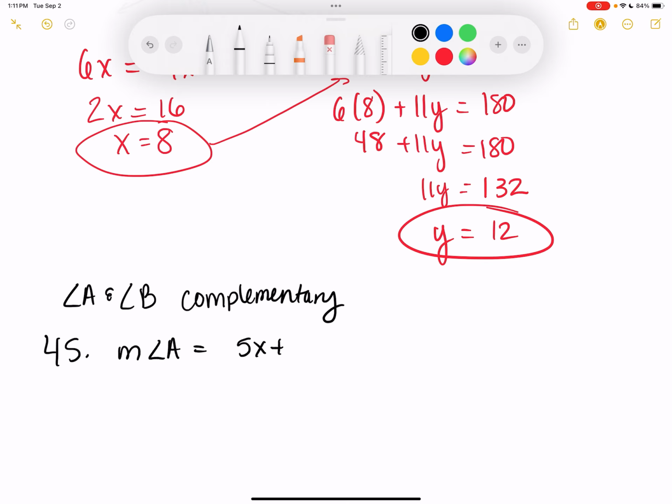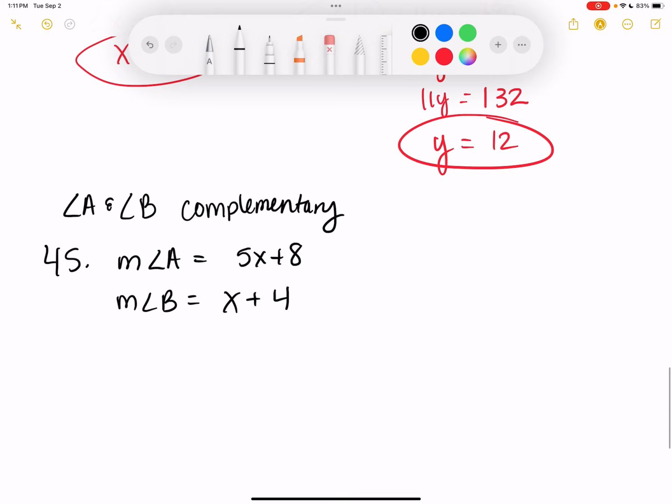The measure of B is equal to x plus 4. So what does it mean for angles to be complementary? They equal 90 degrees. Yep, when you add them together, they equal 90 degrees. And so we're going to add them together and set it equal to 90. So this is going to be 5x plus 8 plus x plus 4 equals 90.